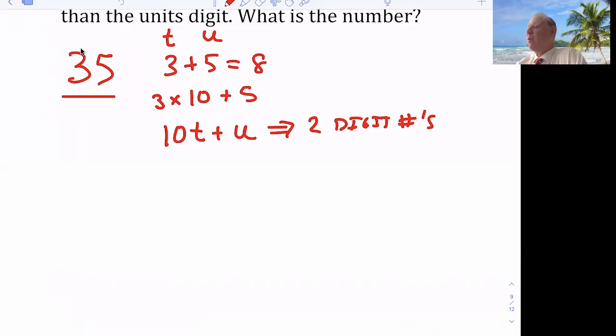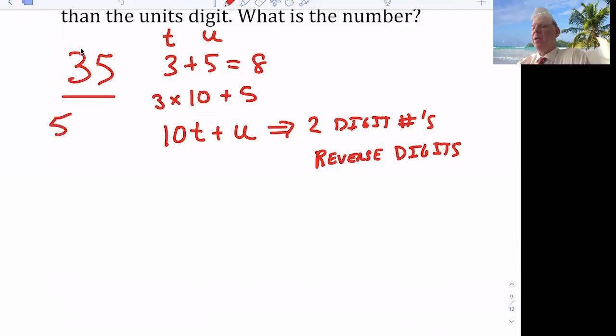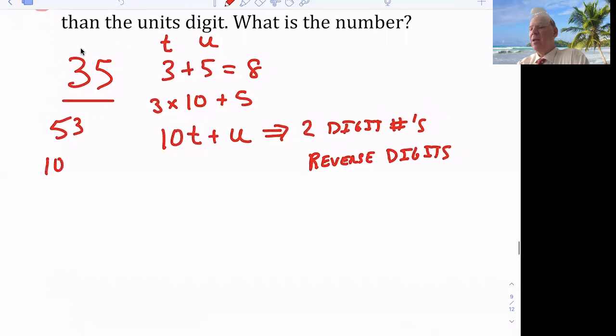Now, if I reverse the digits, what does 35 become? 53. So then that really is 10 times u plus t when I reverse the digits. The u and the t switch places. So when you reverse the digits, that's 10u plus t.